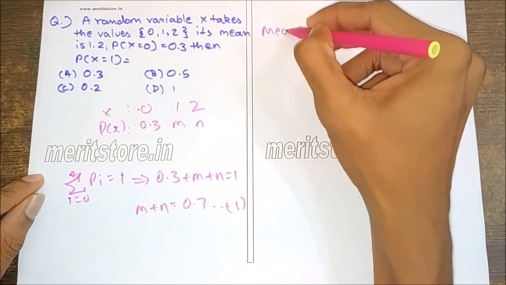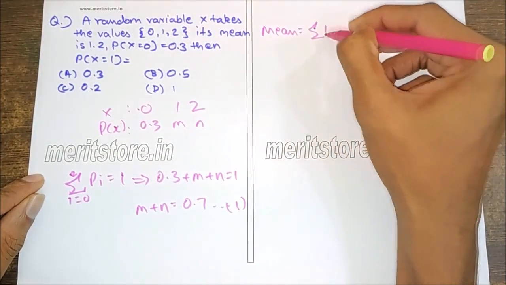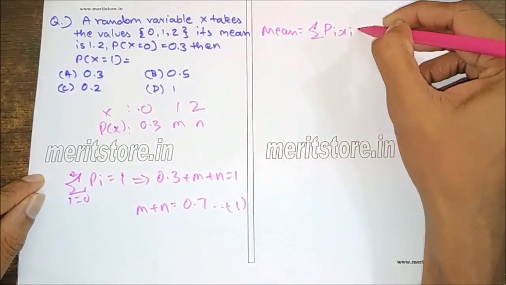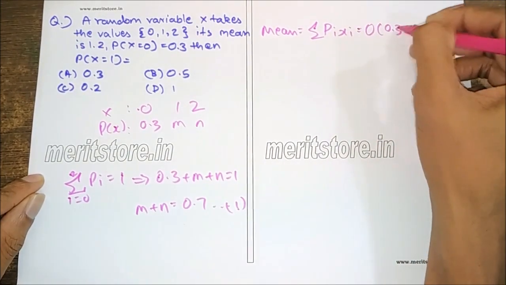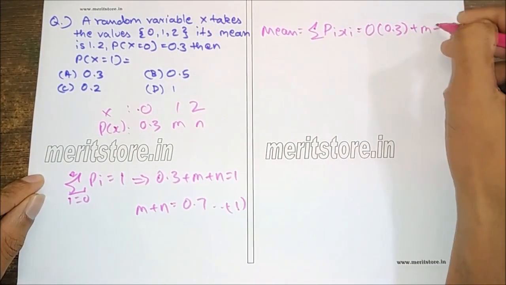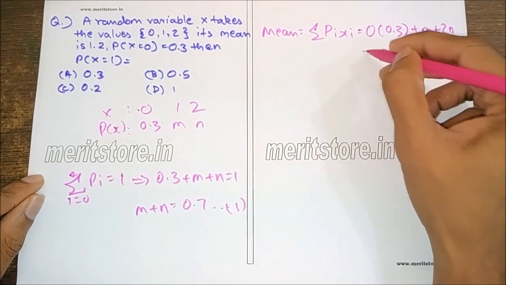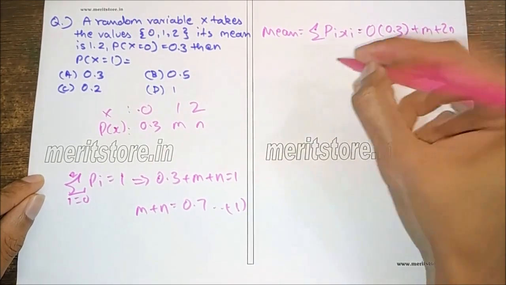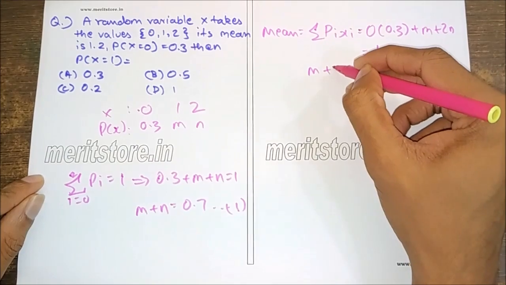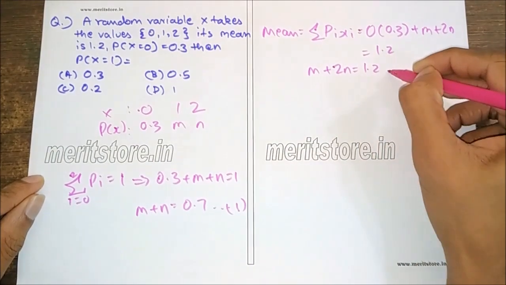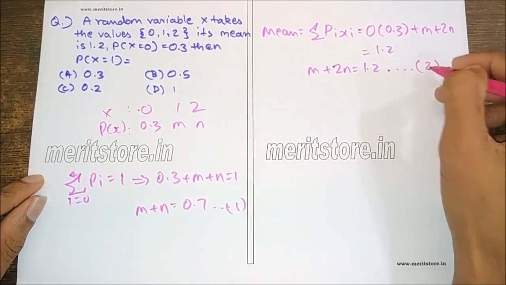So therefore mean is equal to summation of pi xi, equal to 0 into 0.3 plus m plus 2n equal to 1.2. Therefore we can write m plus 2n is equal to 1.2, which is our equation 2.